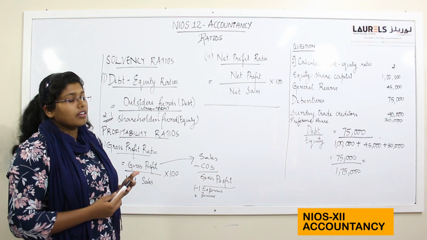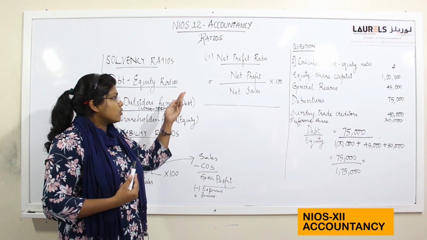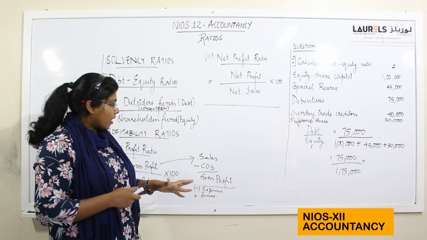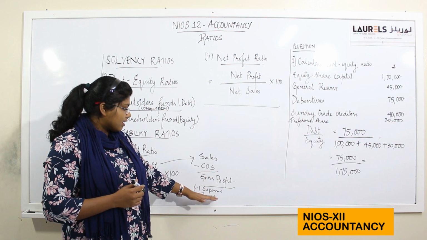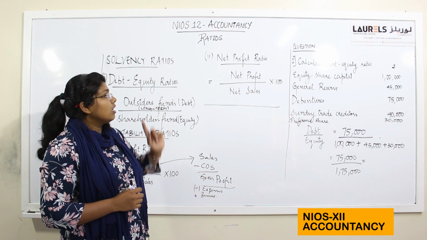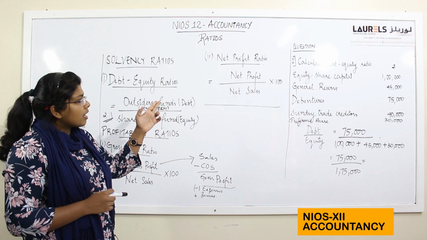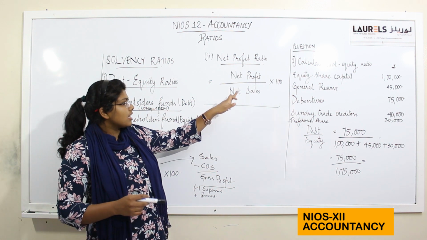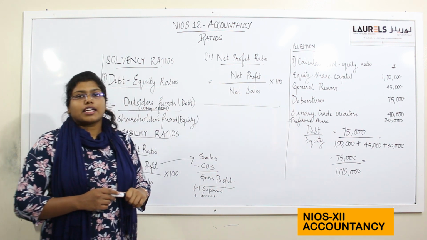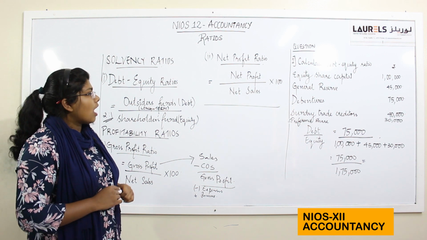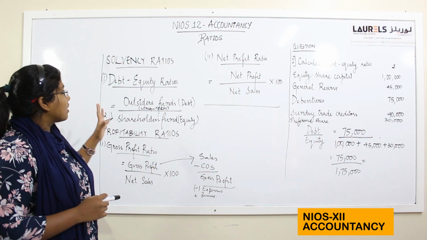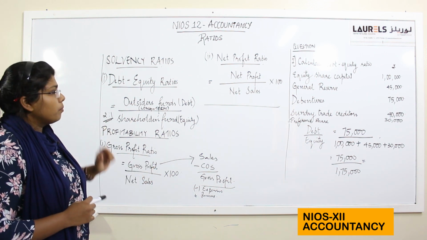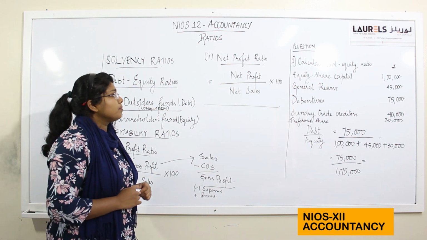From that, when we deduct our interest and tax, we come to our net profit. That net profit divided by our net sales into 100 gives us our net profit ratio. I hope the solvency ratio and profitability ratios are clear.